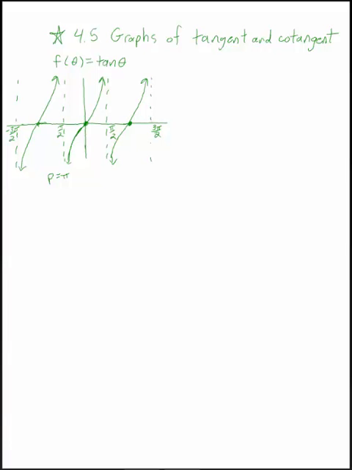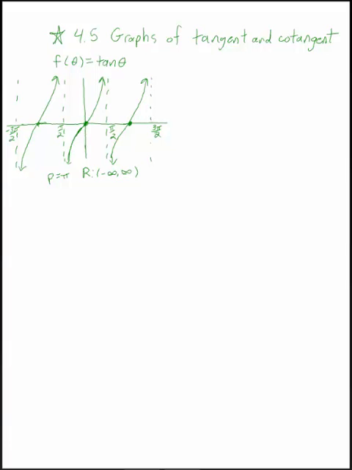That's like the best place to look at the parent function, and then we can take care of shifts and everything just based on shifting that first cycle around, shifting the 0 at 0, 0, shifting those asymptotes at negative pi over 2 and pi over 2 accordingly when we have a more complicated function to draw. Okay, so the period's pi, range negative infinity to infinity. No amplitude because the range is negative infinity to infinity.